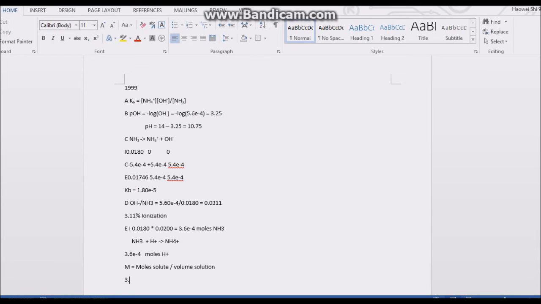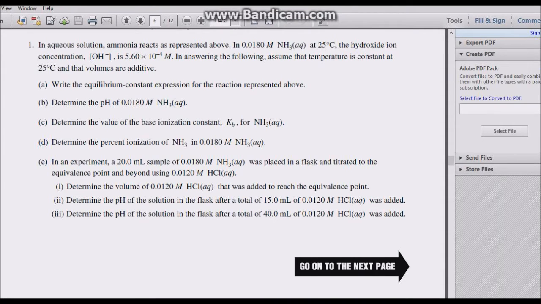So we do that right now: 3.6 e negative fourth divided by 0.0120, and yeah, it's molar.